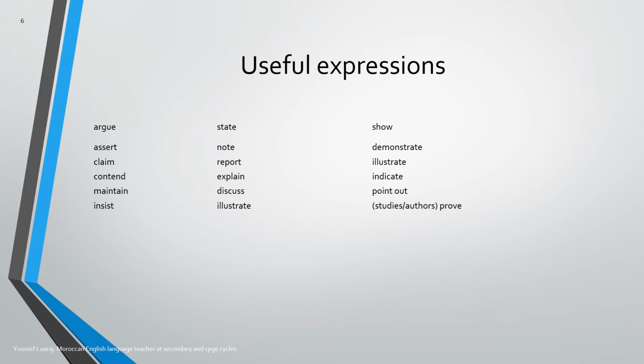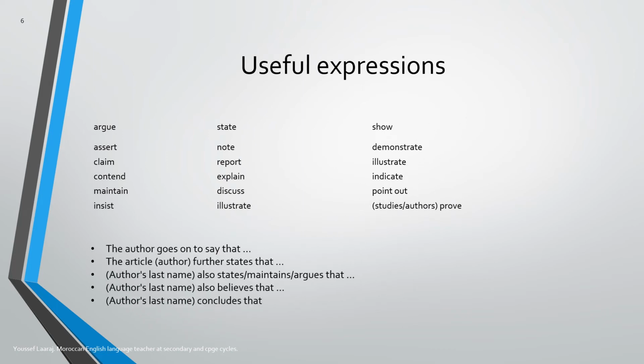So if the text, for example, is making a claim and defending it, you can use verbs like argue, contend, maintain, insist. However, if the material is just giving information and facts, you can say reveal or explain, indicate, illustrate, or show.